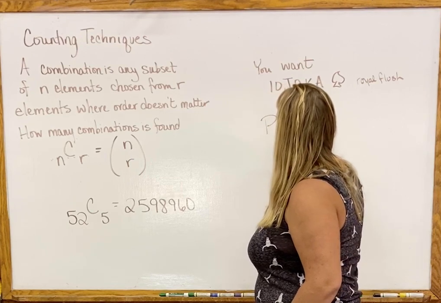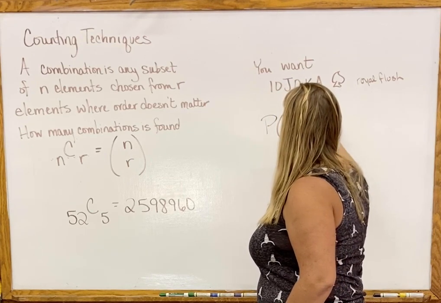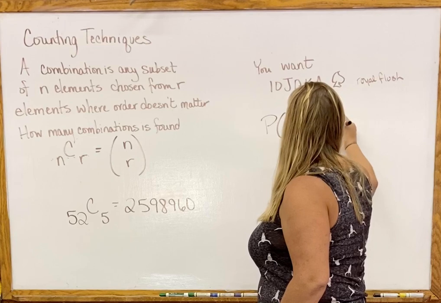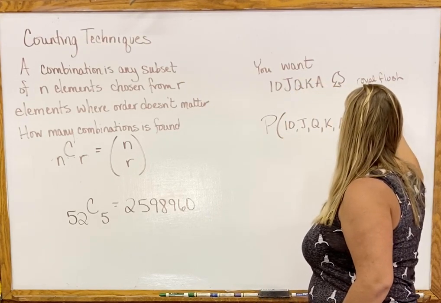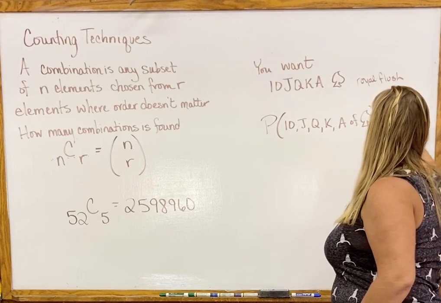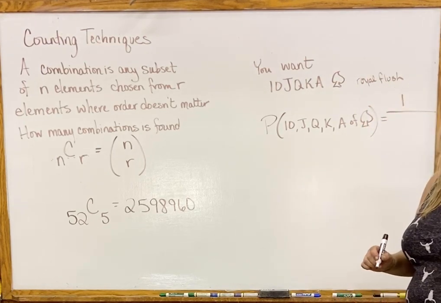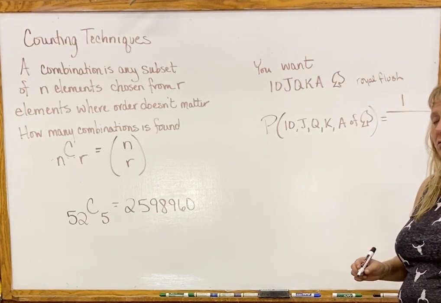So if we want the probability of the 10, Jack, Queen, King, Ace of Spades, there's only one way that can happen out of how many different poker hands in total?